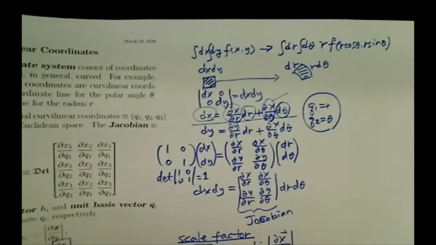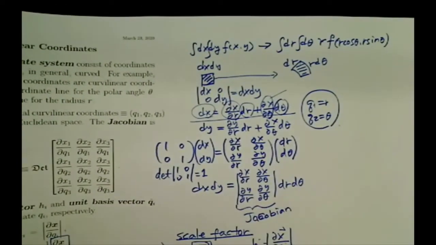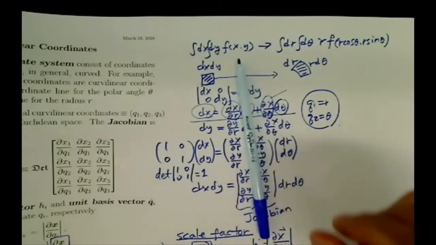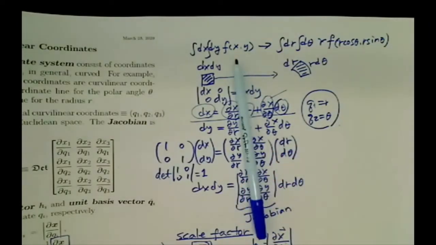Suppose we have a function of two variables, x and y, and I would like to reevaluate this integral on the same two-dimensional plane, but by introducing other curvilinear coordinates, for example, r and theta.